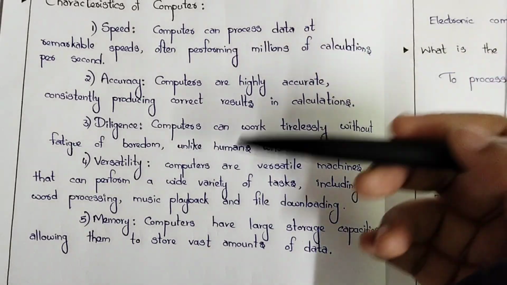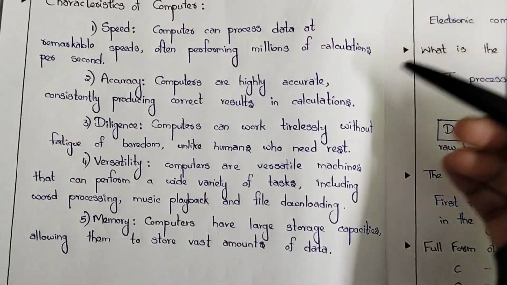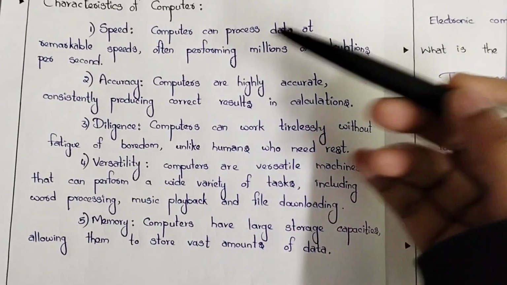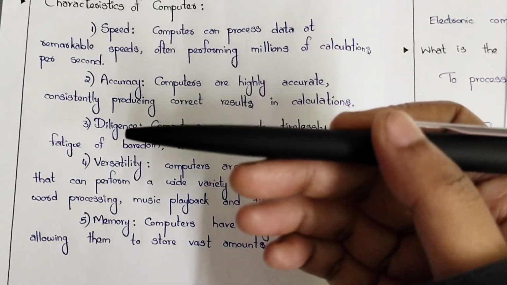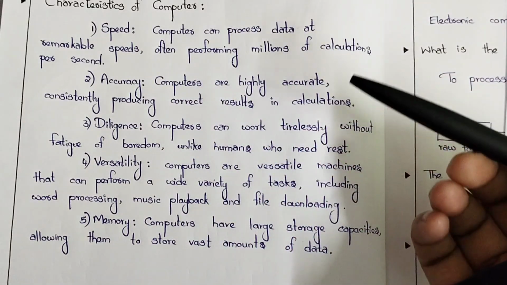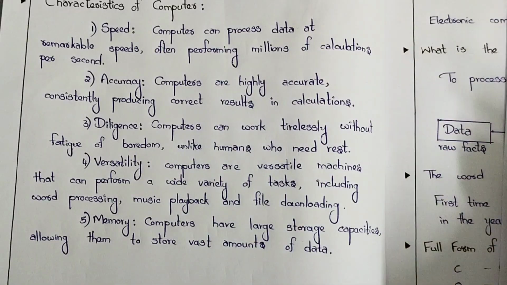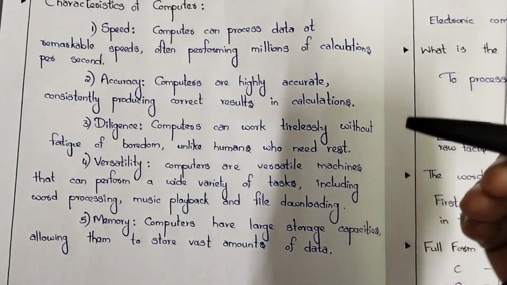So these are the 5 characteristics of computers. Just make quick notes of it. You don't need to write all of this. Just write speed, accuracy, diligence, versatility, memory. Accuracy means computers can give you accurate results. Diligence means computers can work without getting tired.